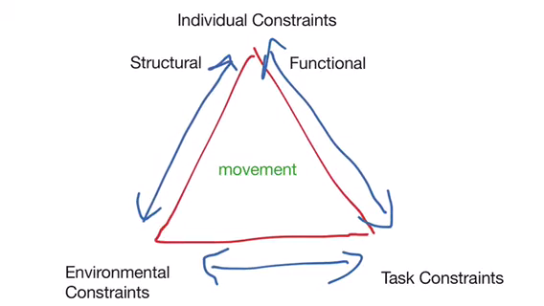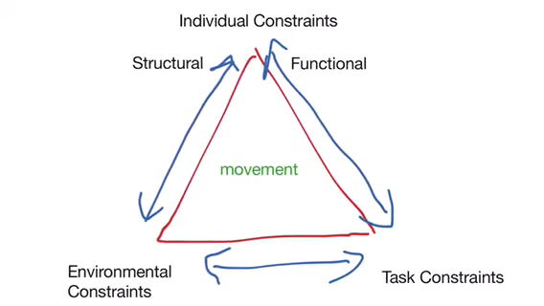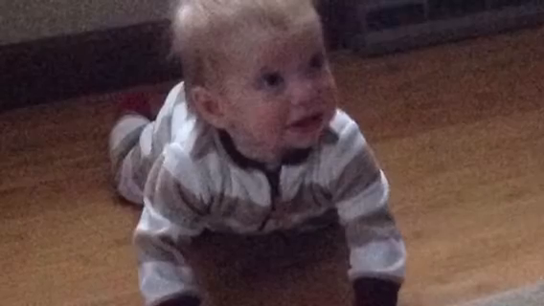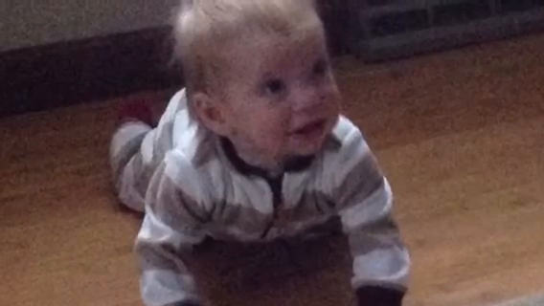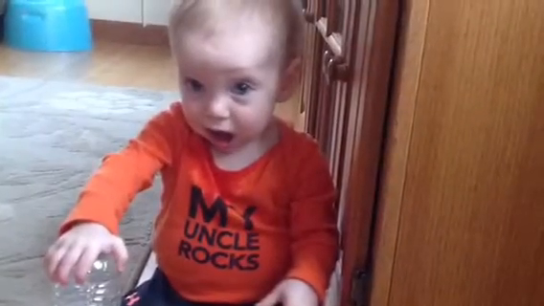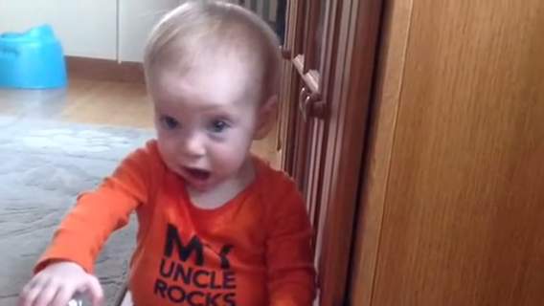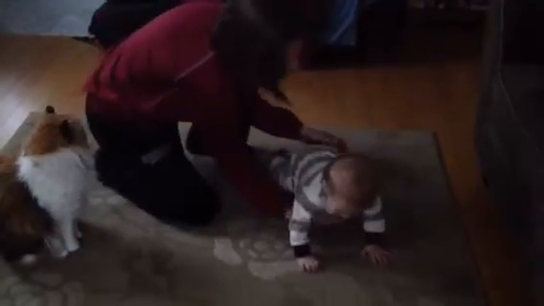So let's take a look at Newell's model in action. I'd like to call up a volunteer from the audience to join me. That's odd. I didn't realize we had infants here today. That's all right. Come on up. Our audience demonstrator is Skylar, an 11-month-old infant with a structural constraint of high center of gravity. Notice how Skylar's structural constraint influences his movement here.